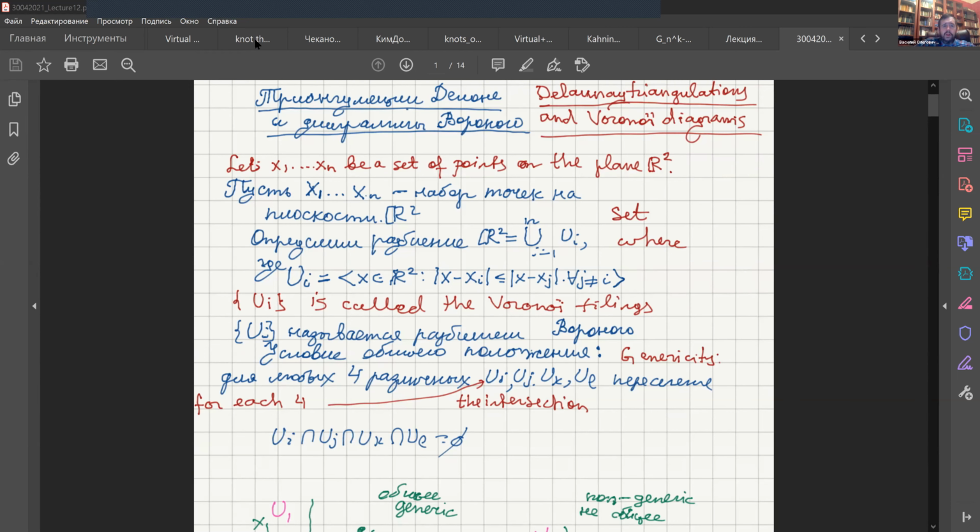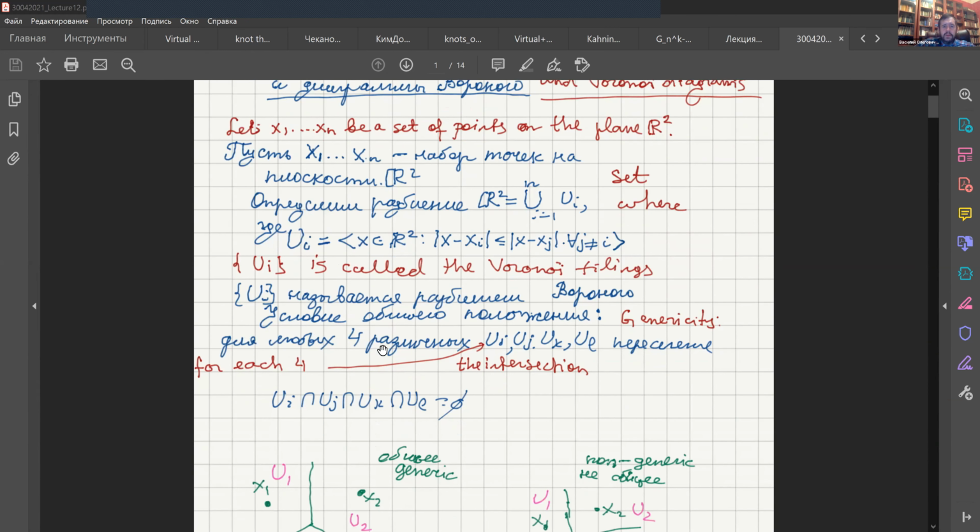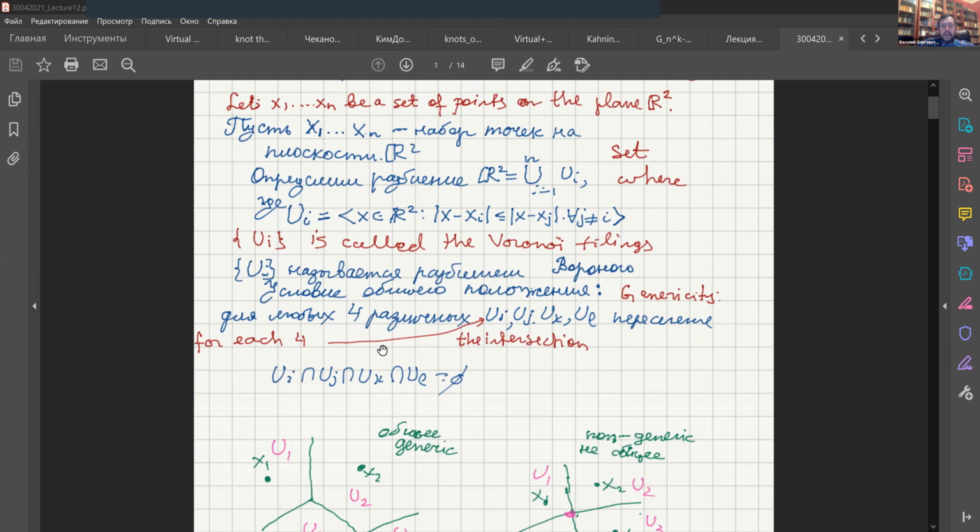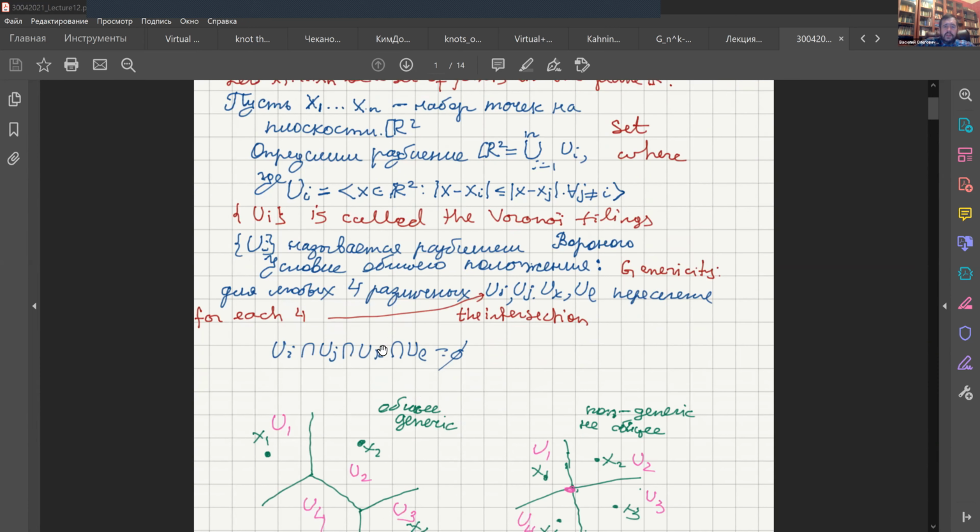So we can think that we are drawing a world map, and we have fixed some capitals of countries, and each country will contain those points which are closer to its own capital than to anything else. And such a tiling of the plane is called the Voronoi tiling.